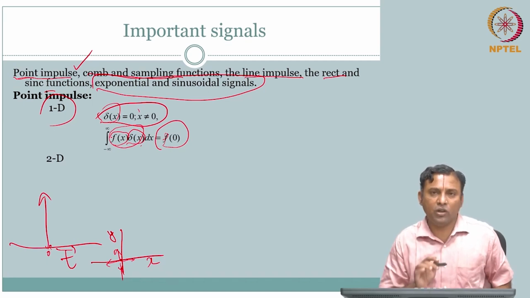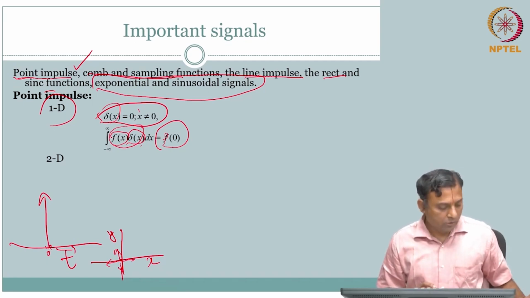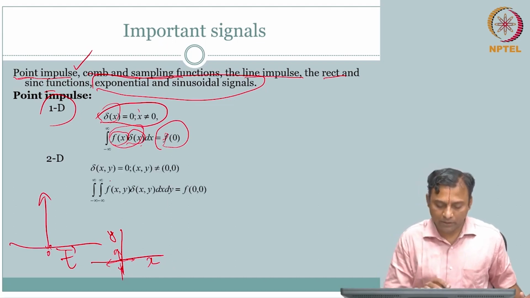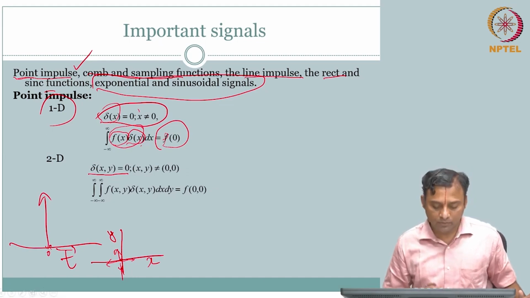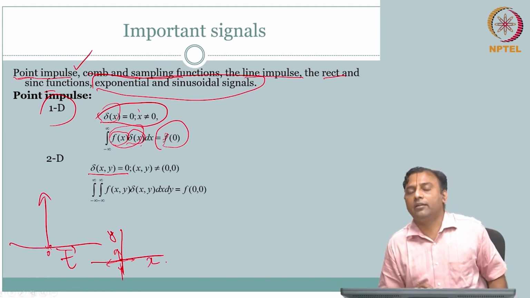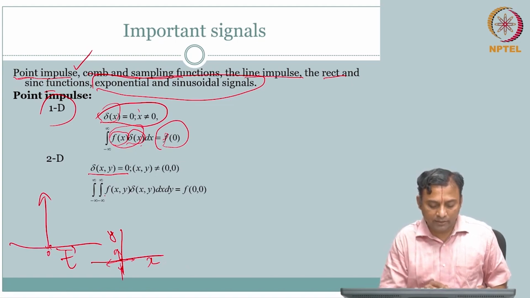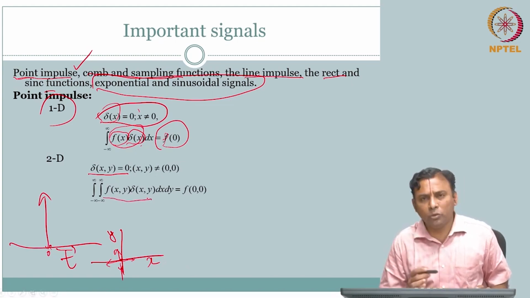Okay, so that is your 1D. You can extend the same concept to 2D as well. That means it is defined only at the origin, at 0, 0. By itself it's not utilized, but it combines here with a two-dimensional signal.